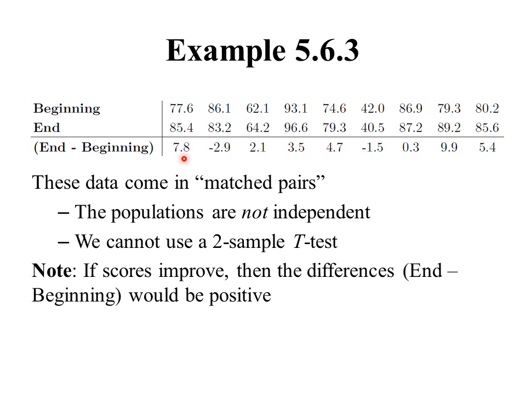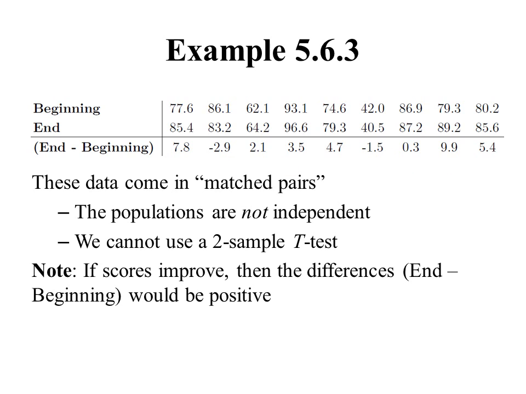A positive difference here indicates that the score improved from beginning to end. For the second student, the difference was negative 2.9. That negative number indicates that that student's scores decreased. If we glance at these differences, notice that most of them are positive, and we have only 2 of them that are negative.